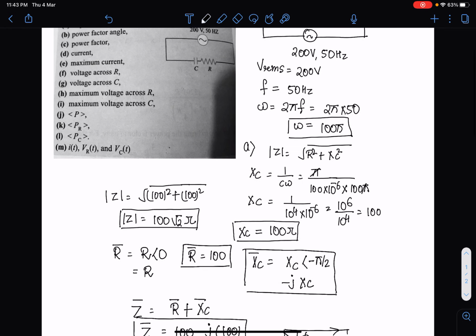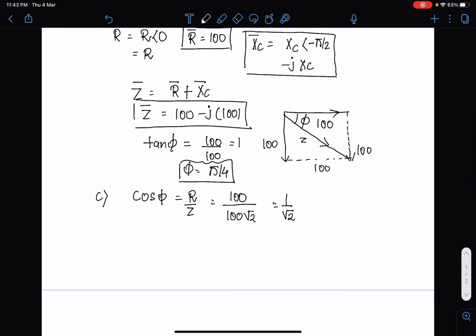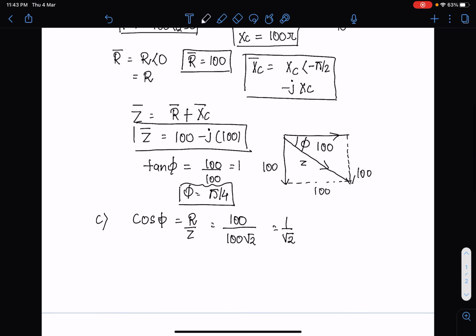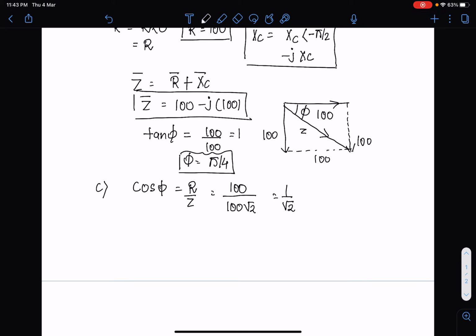So C part is calculated here. D is we have to calculate what is the current, current means RMS current, right? RMS current, until it is mentioned maximum current, अगर दिया हुआ है तो आप ये समझ लो कि in question they are asking about the RMS current. So I_RMS basically in this circuit they are asking. So I_RMS आप लिखोगे RMS voltage divided by impedance of this circuit, right?